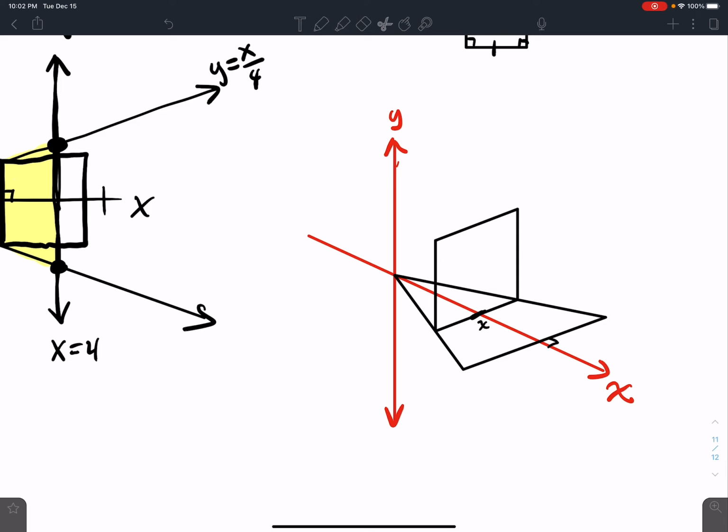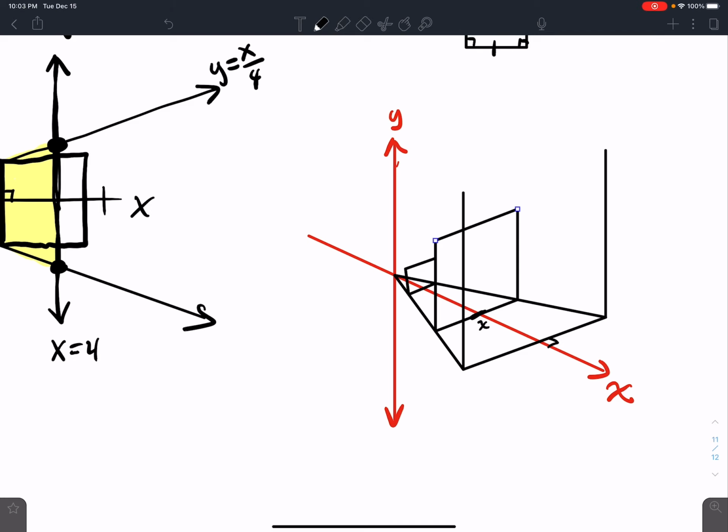As your x values increase, so they start here and they go out bigger and bigger and bigger going this way, your squares get bigger. Like you can see down here, your square is not very big compared to what it was. All right, and you can even see here that your square is even that much bigger.